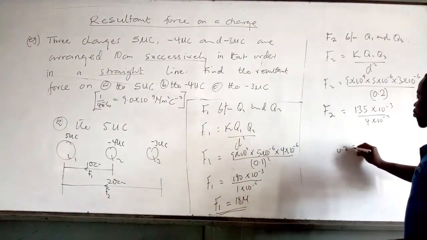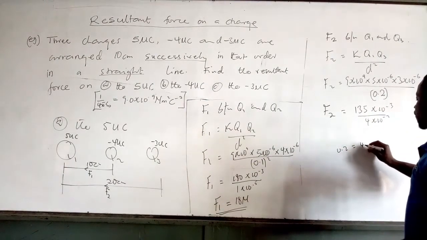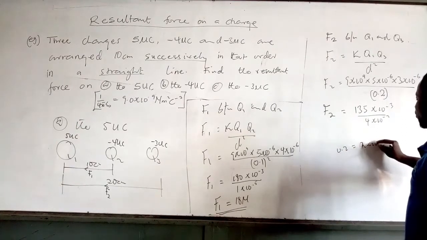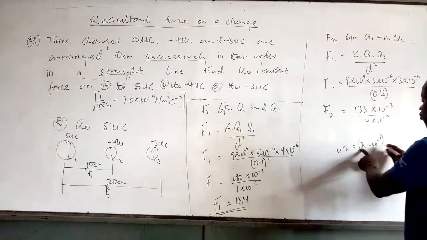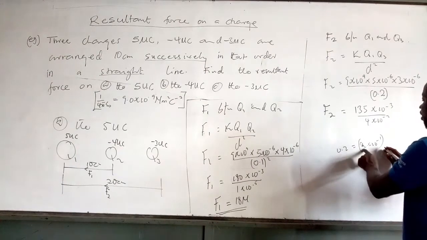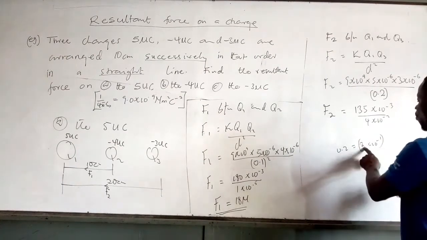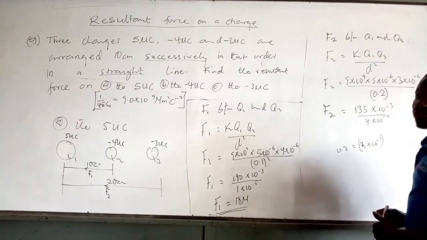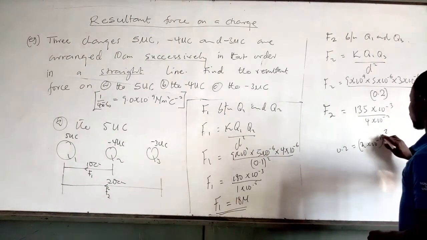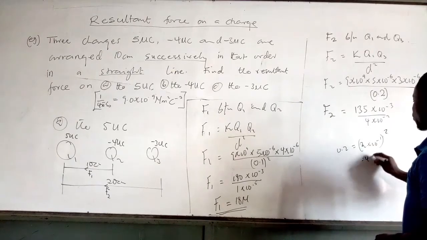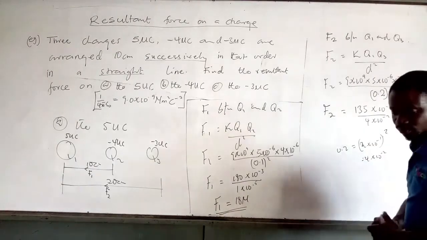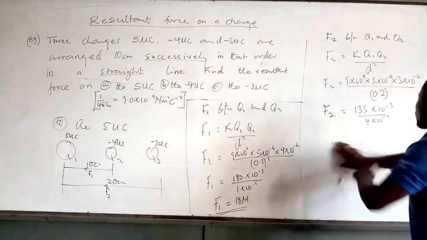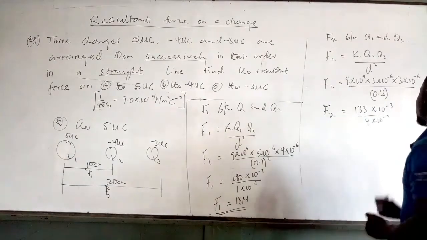You know, 0.2 is the same as 2 times 10 raised to the power minus 1. So when you square this, 2 squared is going to give me 4, and then 10 raised to the power minus 1 squared. When you square this one, that will give us 4 times 10 raised to the power minus 2. Good. So 4 times 10 raised to the power minus 2.